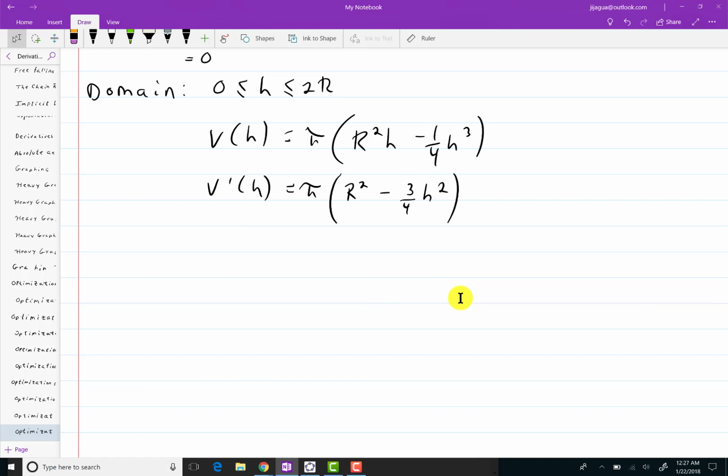Now if we set that equal to 0, obviously the pi has no bearing on whether it's 0 or not, so I can divide out by that. This part in here, capital R squared minus 3/4 h squared, will be 0.